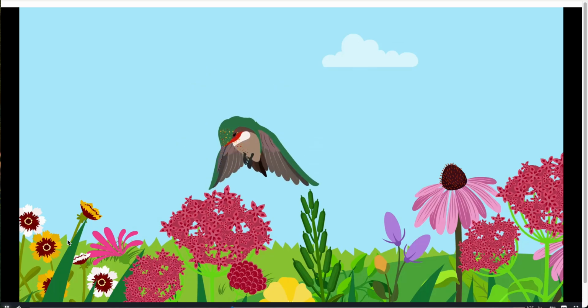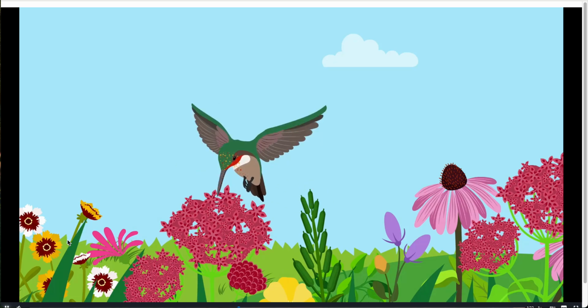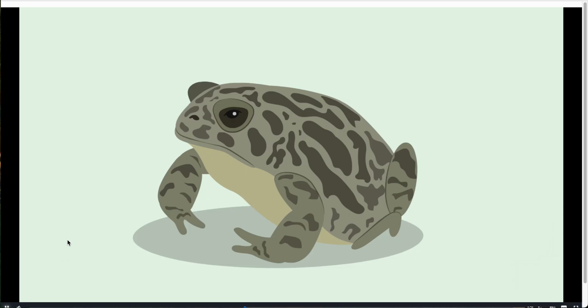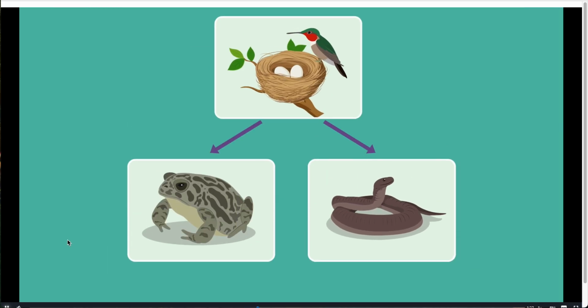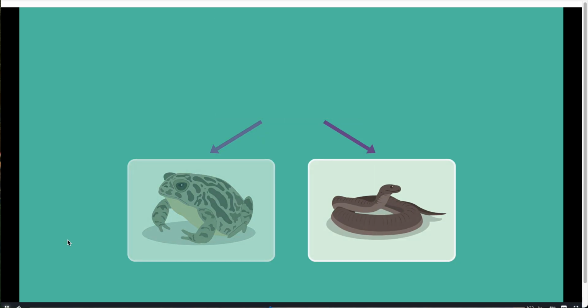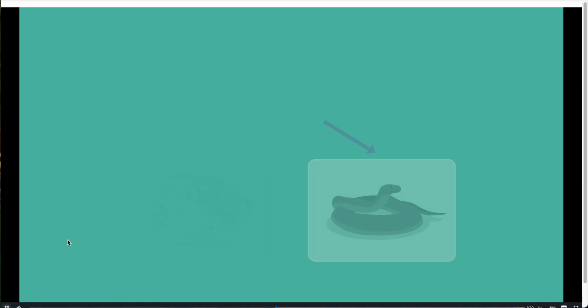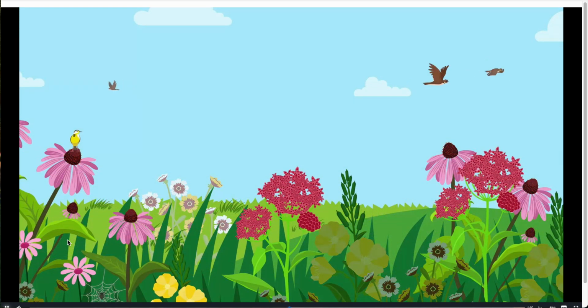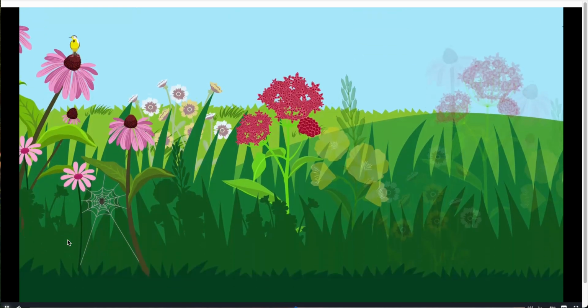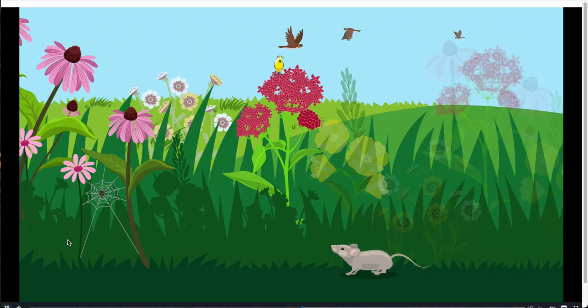Flowers need pollen to make seeds. But what might happen if all the hummingbirds were removed from their environment? Hummingbirds have predators. Frogs and snakes depend on hummingbirds for food. Without hummingbirds, there might be less frogs and snakes, and many flowers would not be pollinated. The flowering plant population would drop. There would be fewer seeds for many grassland animals.